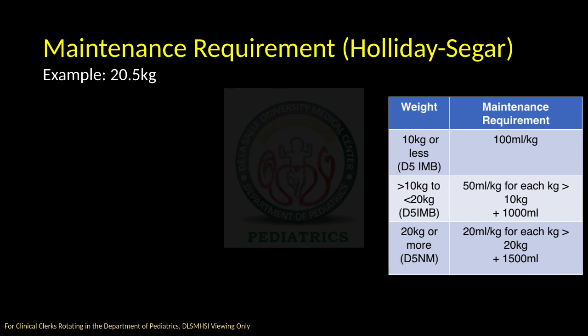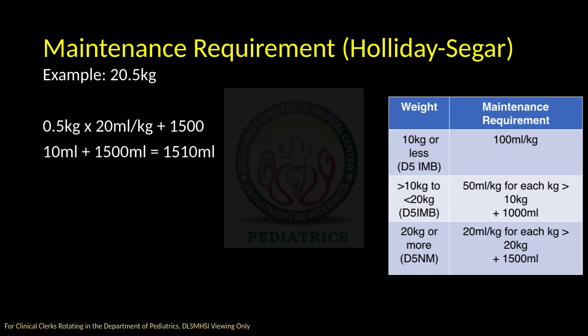For a child weighing 20.5 kilograms, get that 0.5 kilogram because that is the weight exceeding 20 kilograms and multiply it by 20 ml per kilogram plus 1,500 ml. So that would be 10 ml plus 1,500, and you will get a value of 1,510 cc.